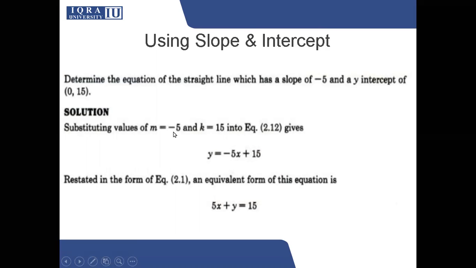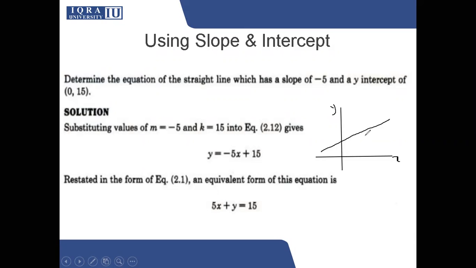Before we go into all this, let me give you a visual model of what we're doing. Consider this. This is your graph. This is your y-axis and this is your x-axis. Now, suppose I tell you that I have a line that goes something like this, and I want you to find the equation of this line.